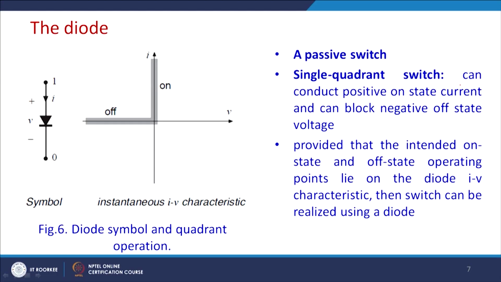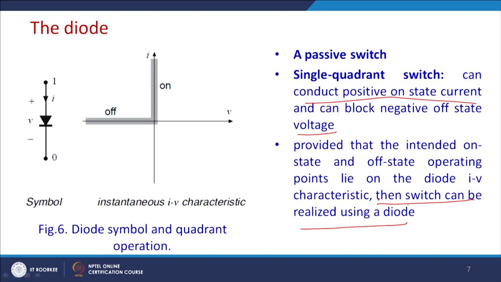It can conduct on state current and can block the negative off-state voltage, and it provides the intended on state and off state operating points on the IV characteristics. So, then the switch can be realized by a diode.